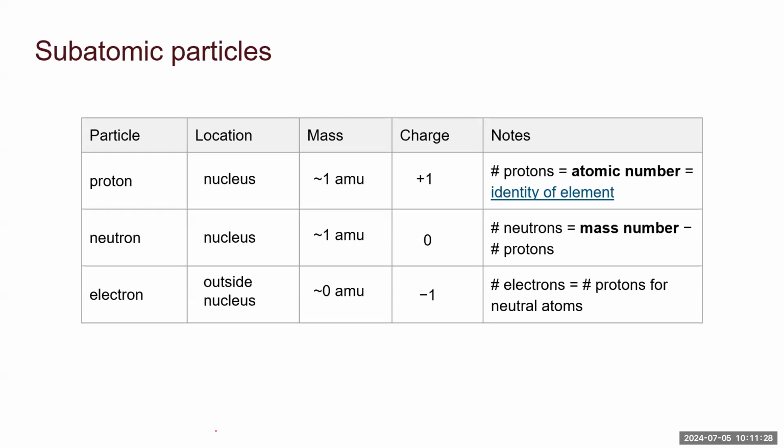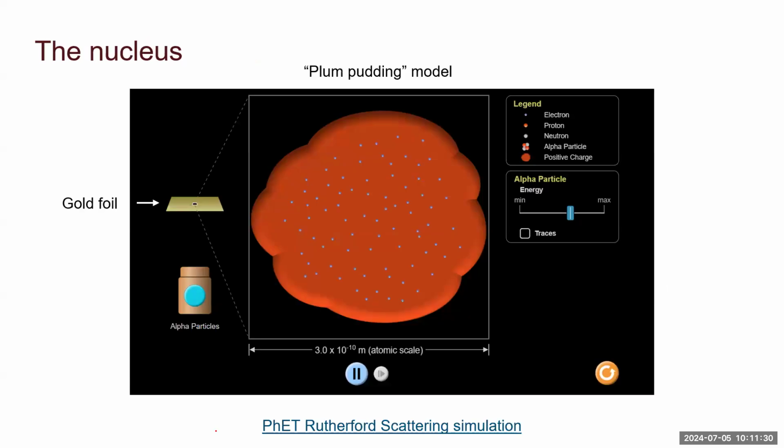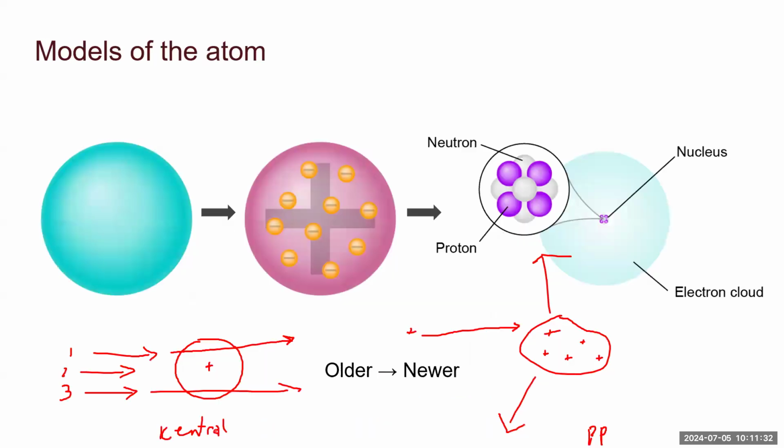Now, that to me makes understanding this model or our nuclear model of an atom a little bit complicated. Because if you've got positively charged protons in the center of the atom, and then you've got electrons floating around, wouldn't those electrons gravitate towards that nucleus because they're opposite charges? And the answer is yes, they would.